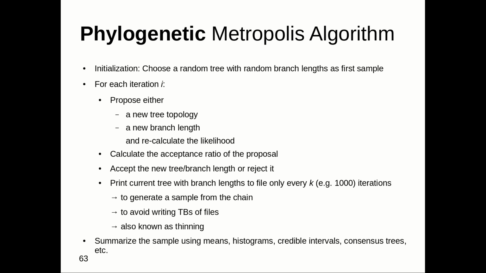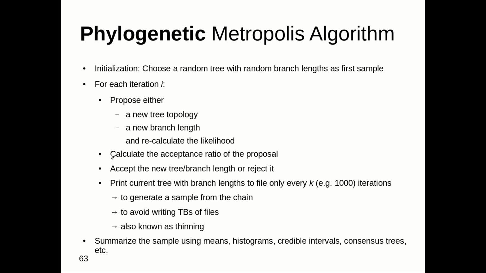In phylogenetics, the initialization is that we choose a random tree with random branch lengths as a first sample, considering the simple case where our parameter vector theta just has the tree topology and the branch lengths. For each iteration i, we either propose a new tree topology or a new branch length and recalculate the likelihood.